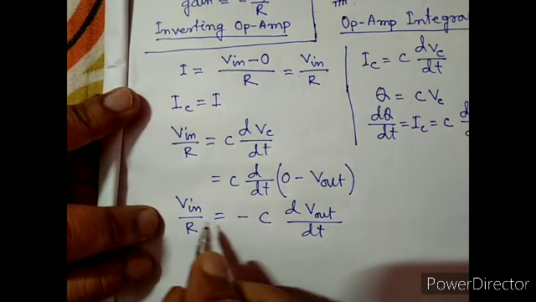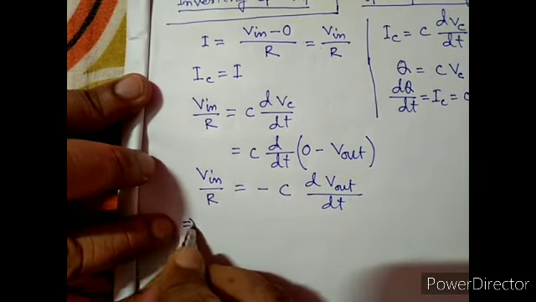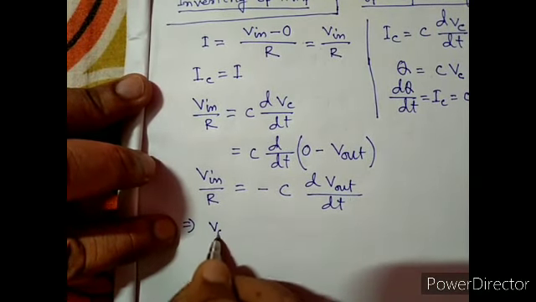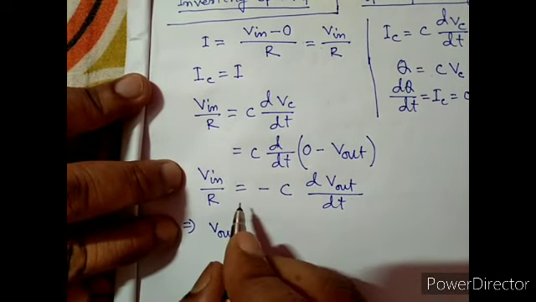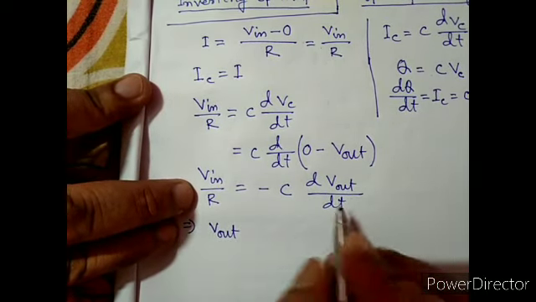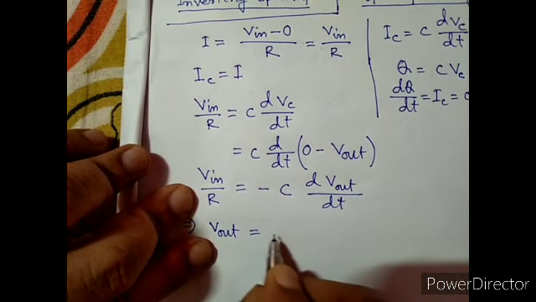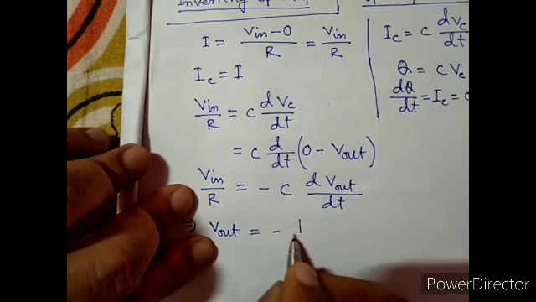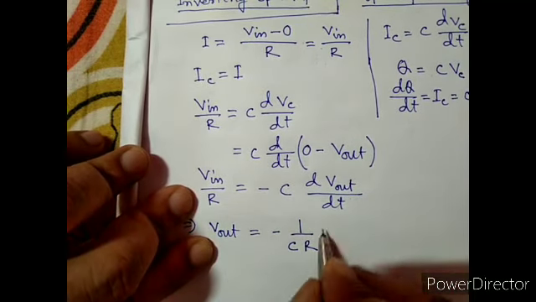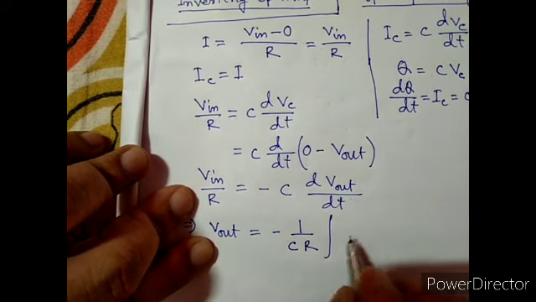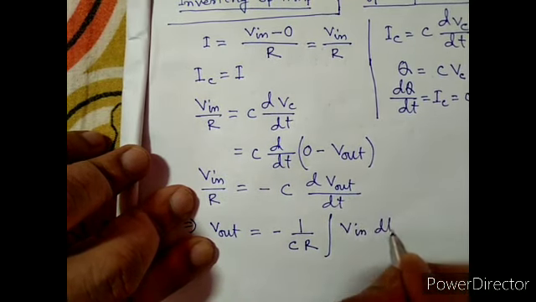Now if we integrate both sides with respect to t, then finally we can write Vout equals minus 1 by CR into the integration of Vin dt.